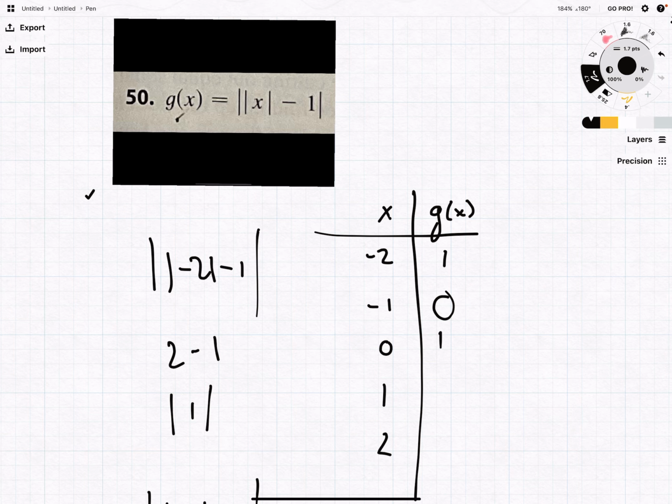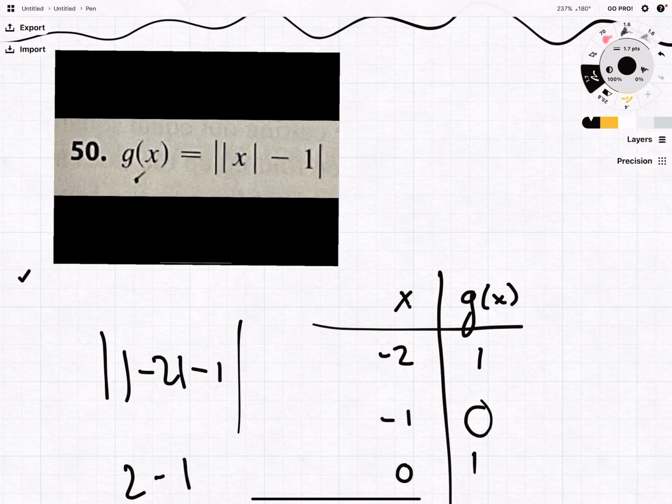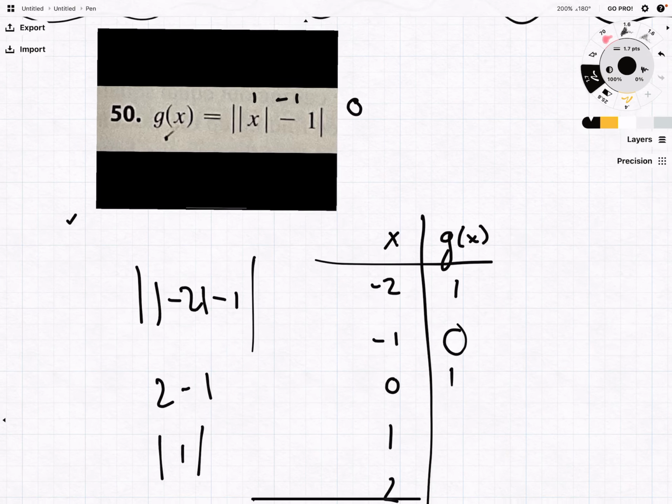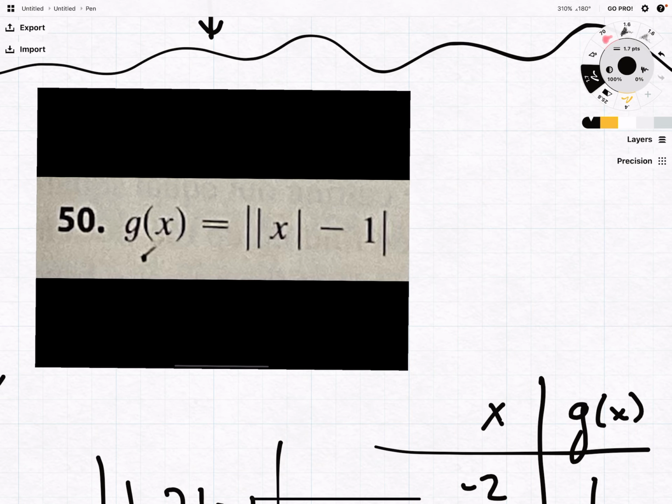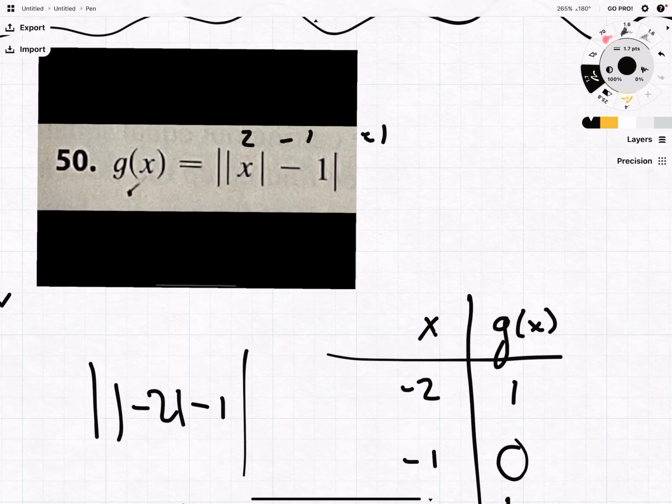Then when we have positive 1, well, that's absolute value of 1 minus 1, and that gives us 0. And last but not least, if we have 2, well, we have absolute value of 2, which is just 2, minus 1, and that equals 1.